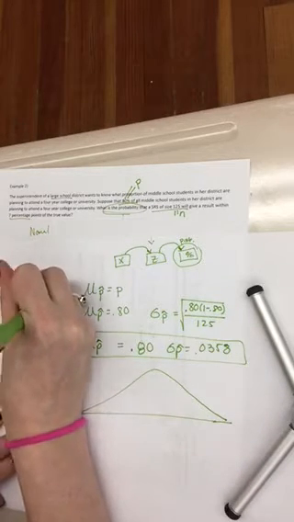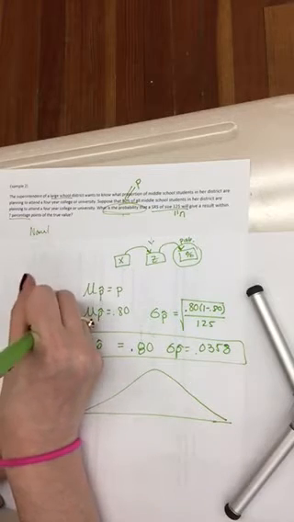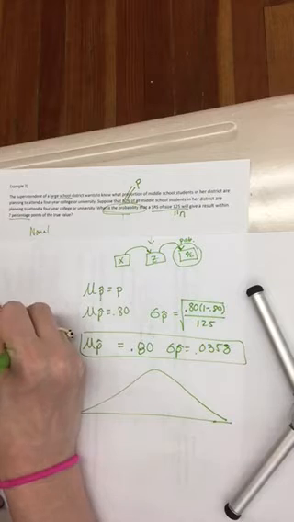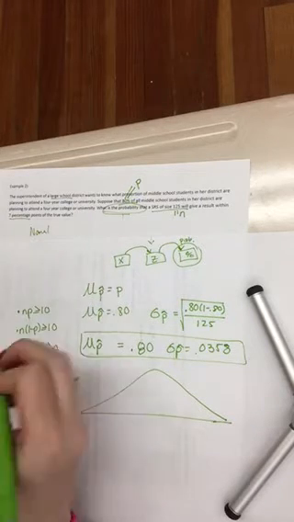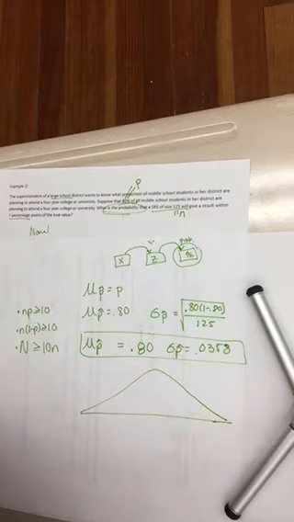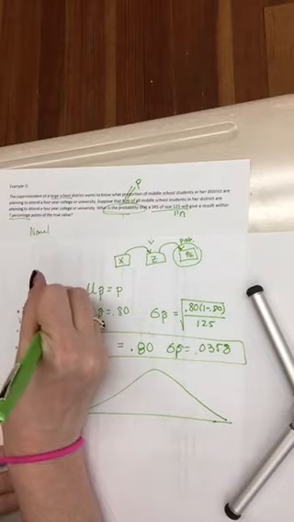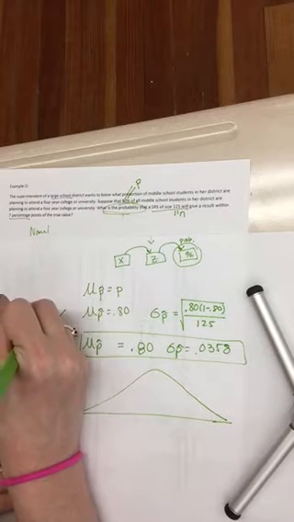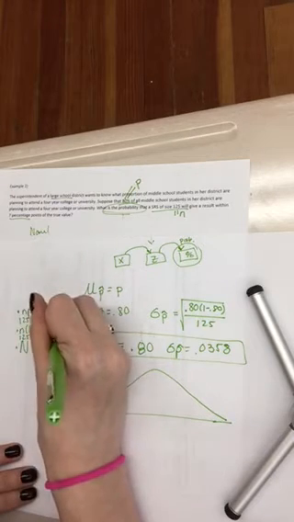So n times p has to be greater than 10, n times 1 minus p has to be greater than 10, and my whole population has to be bigger than 10 times the sample size. I'm going to go ahead and check all three of those conditions. So 125 times 0.80, is that bigger than 10? Check. 125 times 1 minus 0.8, bigger than 10?